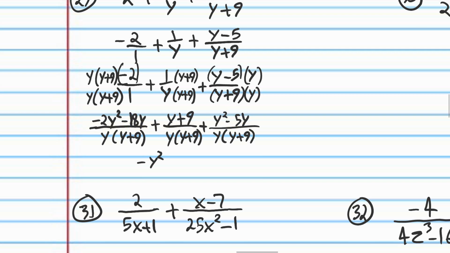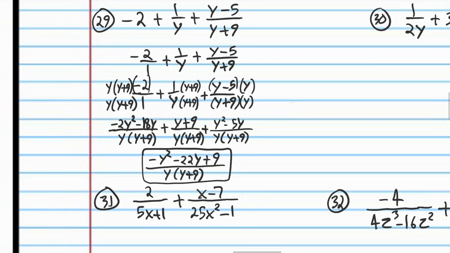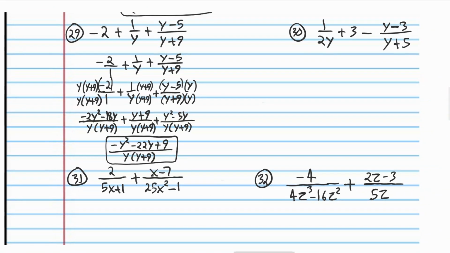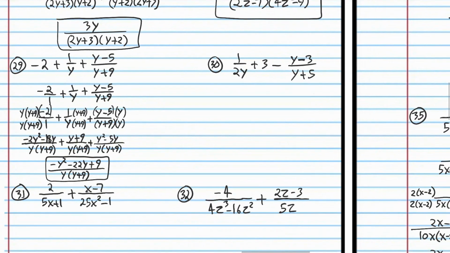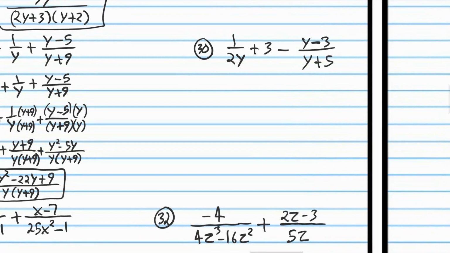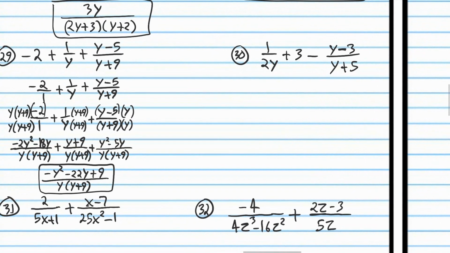I think that's going to be negative 22y. And then we have plus 9, and we just rewrite the denominator. So there you go. All right, so why don't you try number 30, and when you come back, we'll do it together.